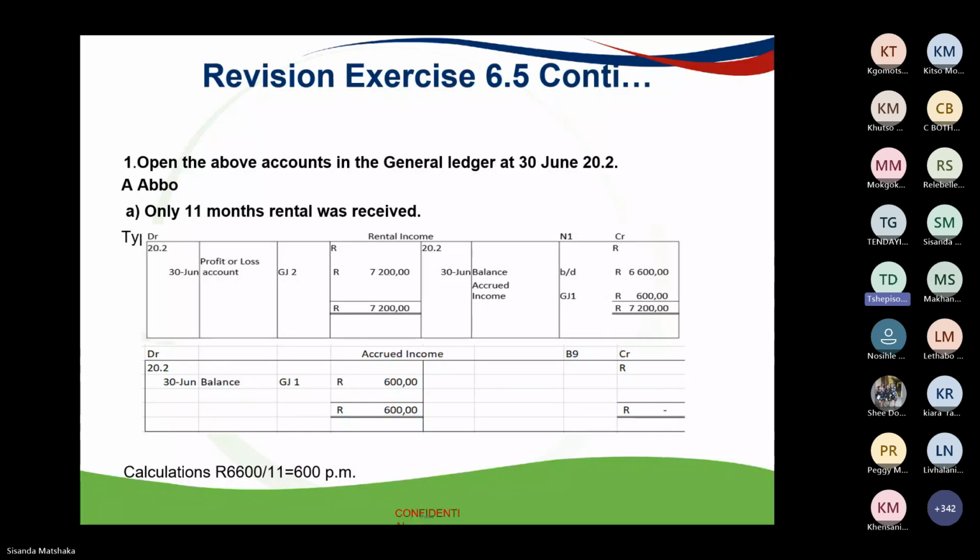When we did the adjustment, you credited your accrued income with the 600 that you received, which also affects the contra account of the accrued income. So the general journal would be: you debit your accrued income and then you credit your rental income.